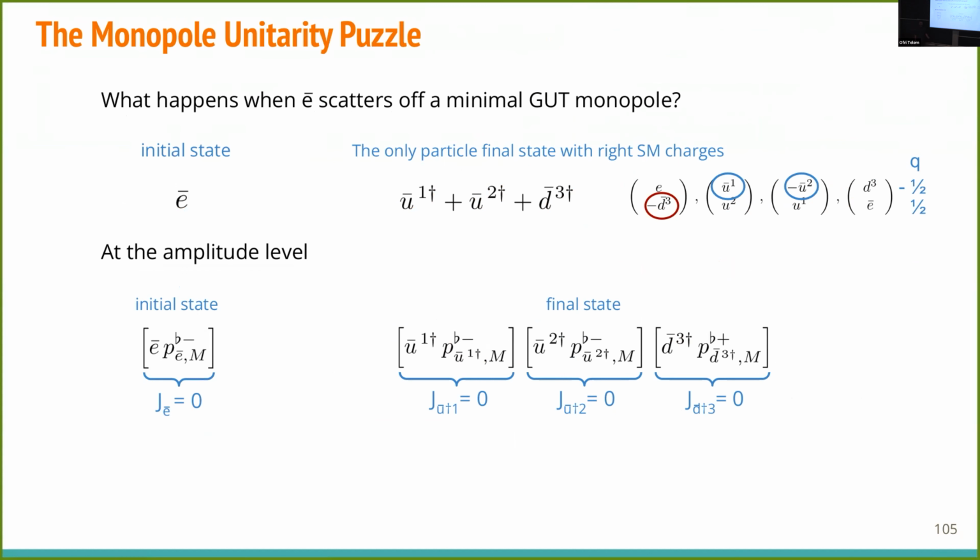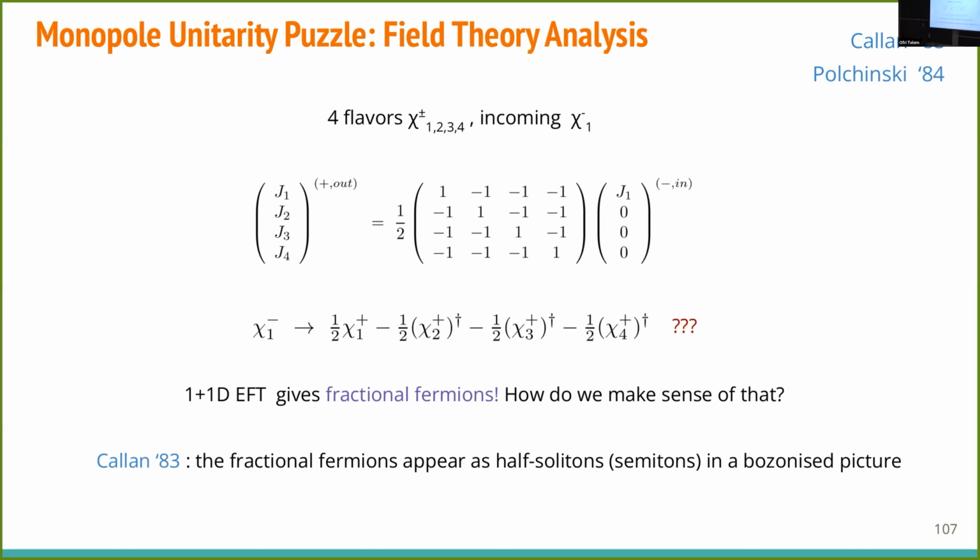The field theory version of it is even weirder than what I'm showing here, because if you use the same technology that we used for the field theory derivation of Callan-Rubakov, this will tell you that for an incoming one fermion, the outgoing state looks like something that has half fermions in it. And you can ask, what are you talking about? And I would say, I don't know what half fermions mean.